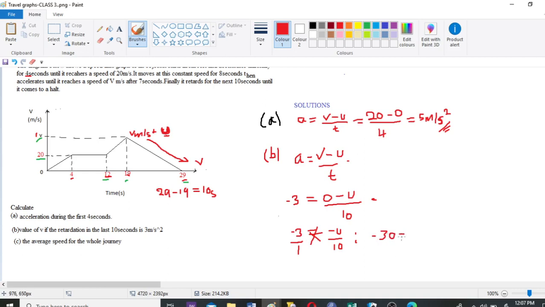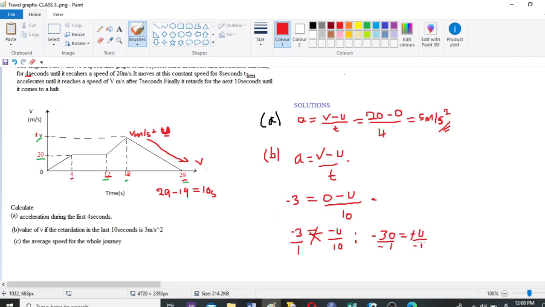is equal to negative u times 1. You have negative u. Now what do you do? You divide both sides by negative 1. We don't divide with a negative but a negative 1.